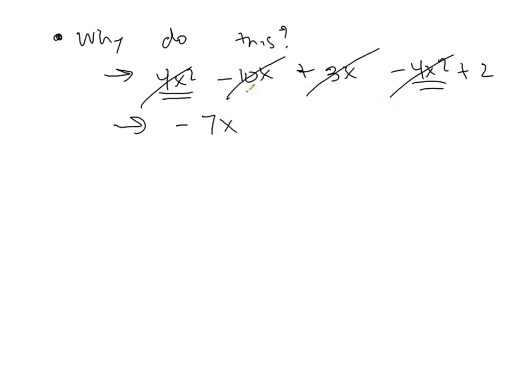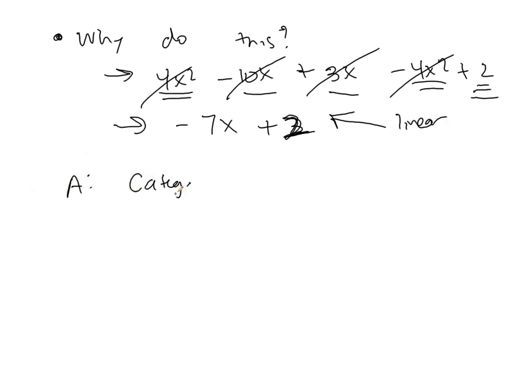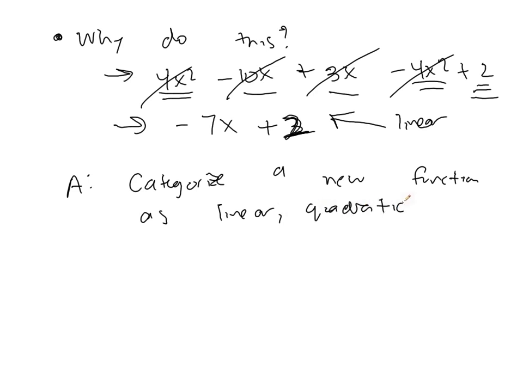Now I have this 2 left over. So what initially looked like a quadratic function turned into a linear one because the quadratic terms canceled each other out and disappeared. This would be categorized as a linear function. So we want to categorize a new function as linear, quadratic, etc.